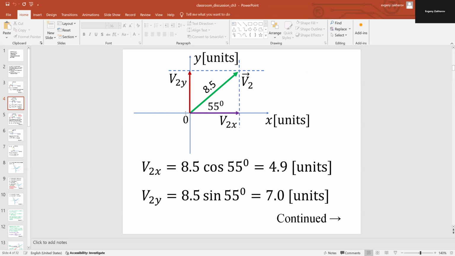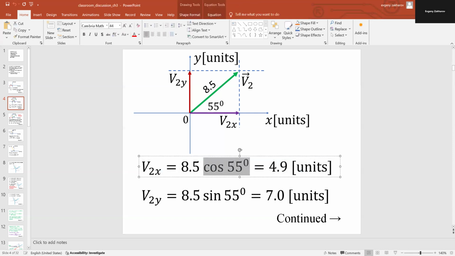You can see there is a purple x component and a brown-ish color for the y component. The x component is adjacent to the 55 degrees angle, and every time it's adjacent, there's got to be a cosine function to solve for the x component.